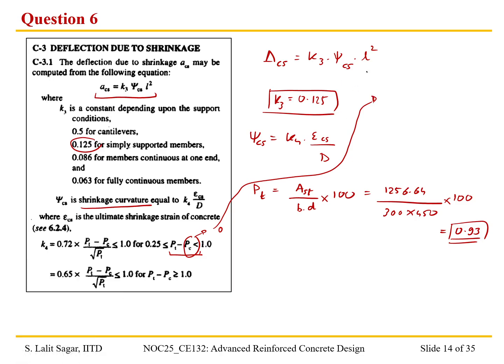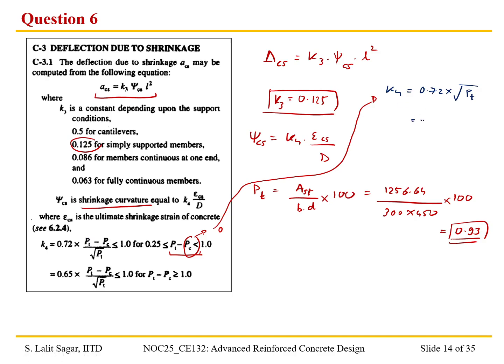So we have the value of K4 equal to 0.72 multiplied by PT minus PC by square root of PT. That can be simply written as square root of PT, because PC is 0 and PT upon square root of PT is square root of PT.